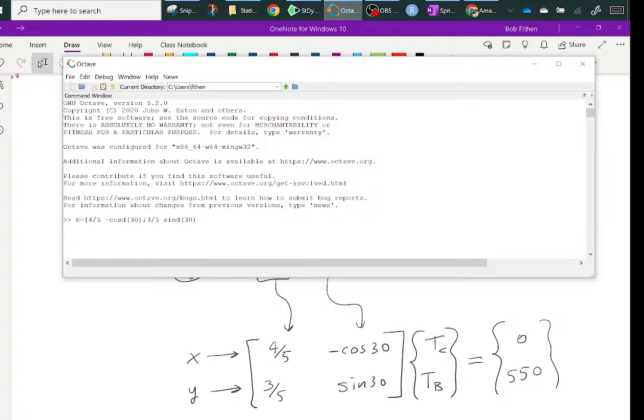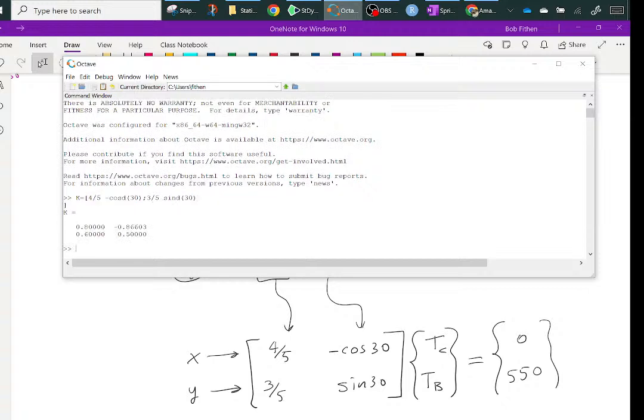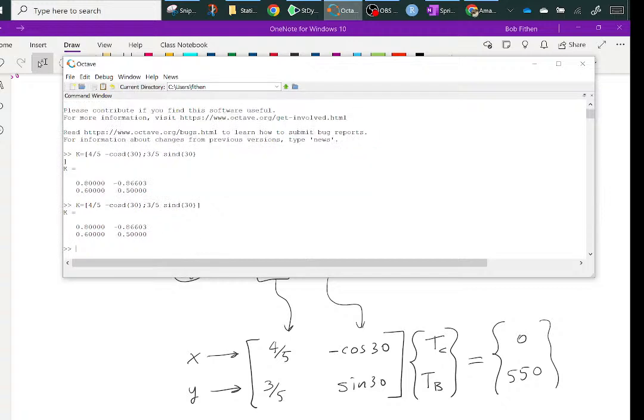Oops, I didn't hit the right bracket. Let me go up one and put the right bracket on. So there's my matrix, 2 by 2. It's a pretty boring matrix, nothing exciting about it. I'm going to do the right-hand side, so I'll just call it RHS, and it has a 0, and then it has a 550.